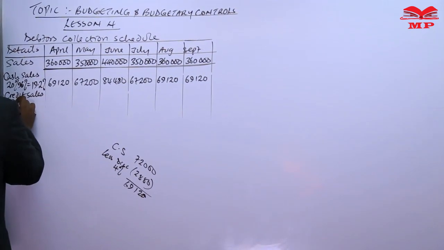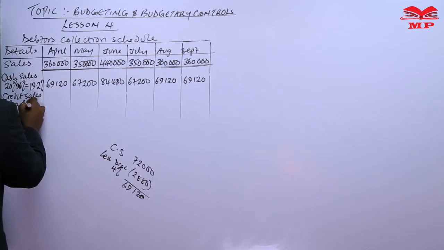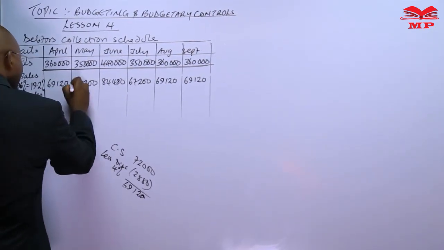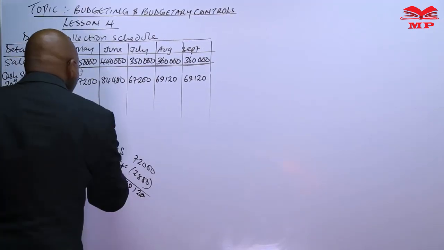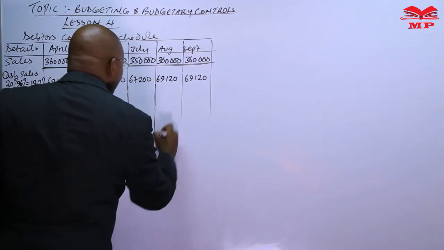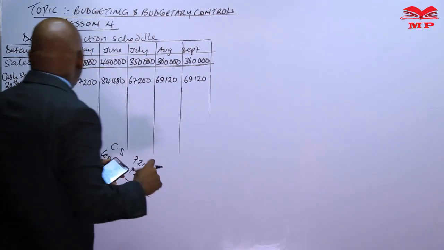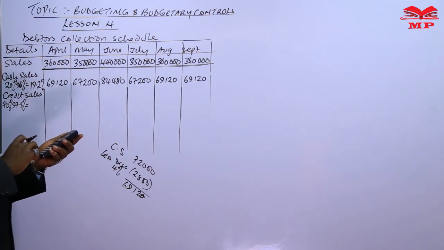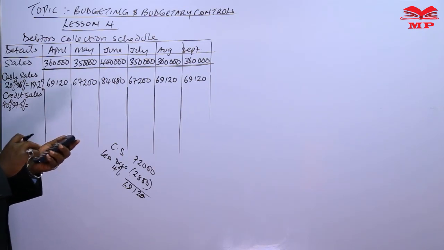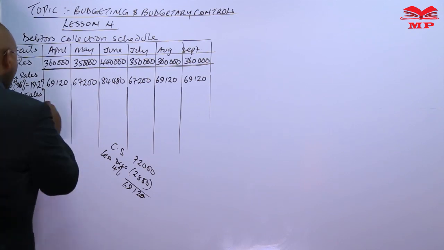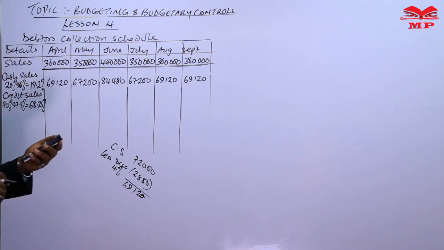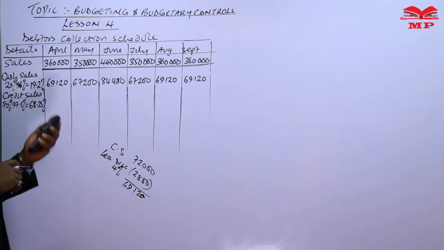Then we have 97.5%, because we are going to offer the discount of 2.5%. A 2.5% discount means we are going to receive 97.5%. So in this case, we'll be having 0.7 times 97.5, which is actually 68.25% of the total sales.